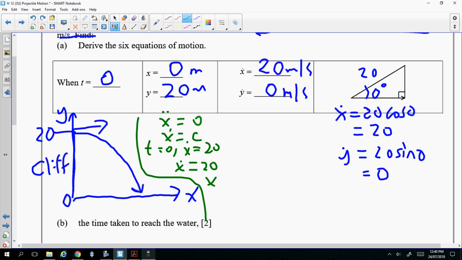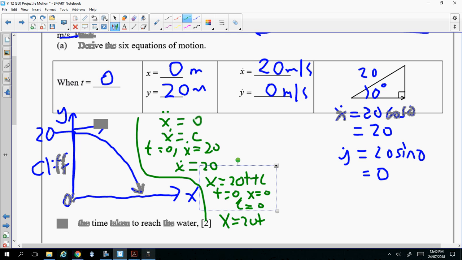Okay, so we get these equations. These are the first 3 equations, and then you do the same thing to find y dot. If I have a try at finding y dot, I'll rub this off so we have enough space.